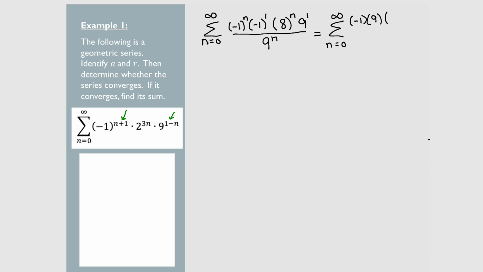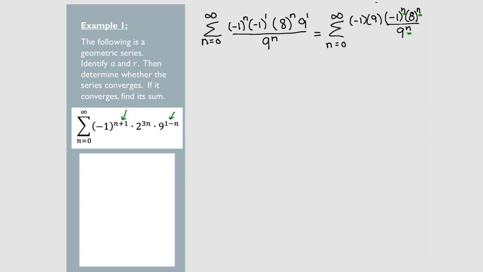And now I've got -1 to the n times 8 to the n over 9 to the n. And this helps me to clarify and see that this is an indicator of a geometric series, right? The n is appearing as exponents, and just exponents in this problem, a key indicator that I have a geometric series.